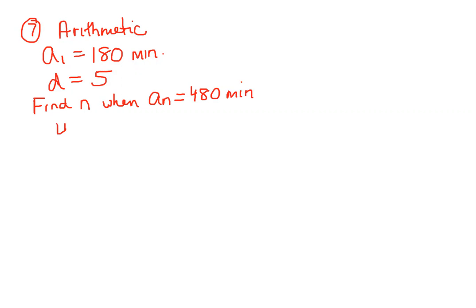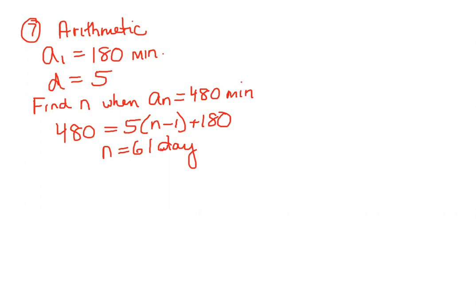So we're going to say 480 equals D times N minus 1 plus 180, and go ahead and solve this, and you should get N equals 61 days. Okay, because he added 5 minutes each day.